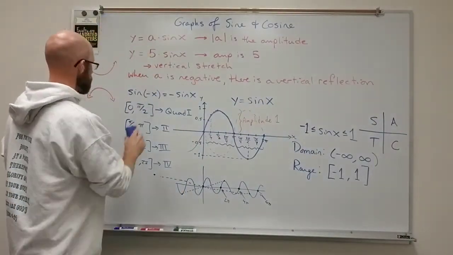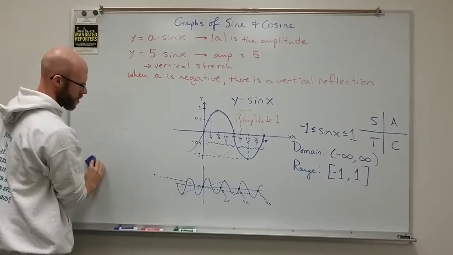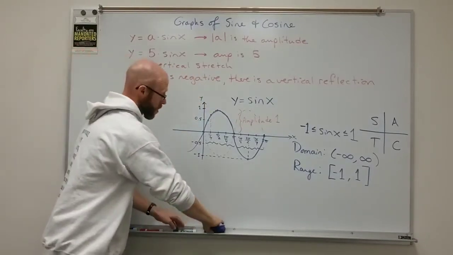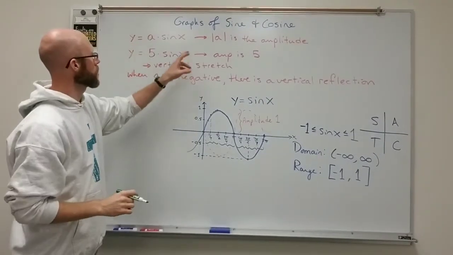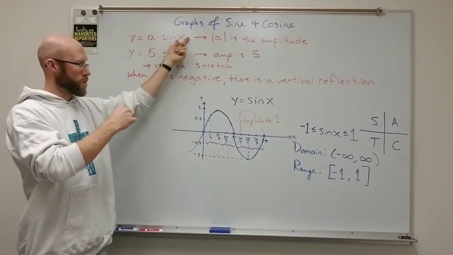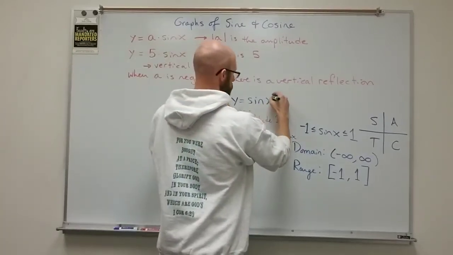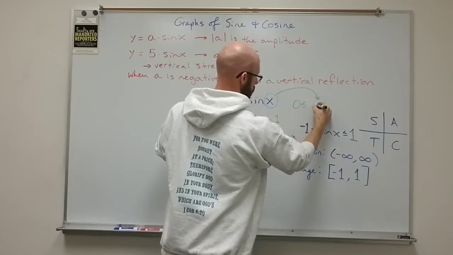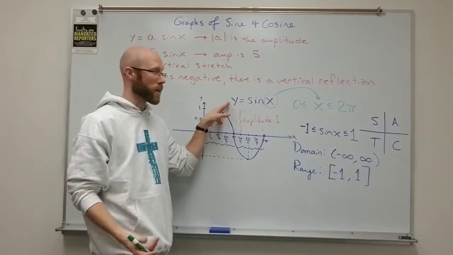To do this, consider the idea that the period takes the input from 0 to 2 pi, right? So with the regular sine of x, you take the input and put it between 0 and 2 pi to get the period.